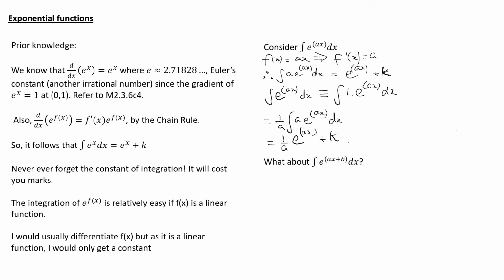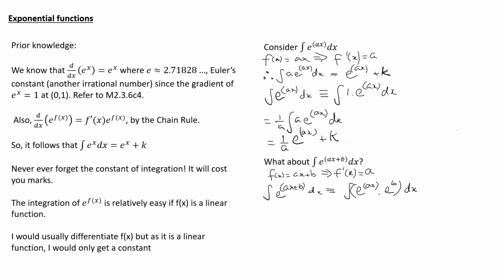Now, if I went to a general linear function, anything of the form ax plus b, then remembering your laws of powers, you will realize that in this particular case, the f of x is equal to ax plus b. Therefore, f dashed x is equal to a again. Now, e to the ax plus b is the same as writing e to the ax times e to the b, and e to some constant is another constant.